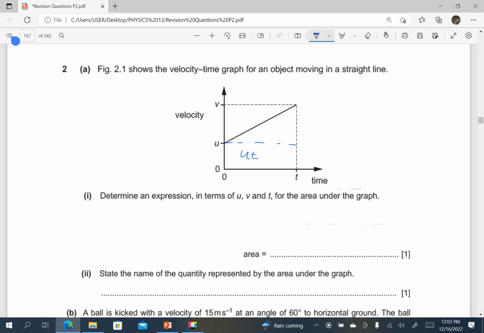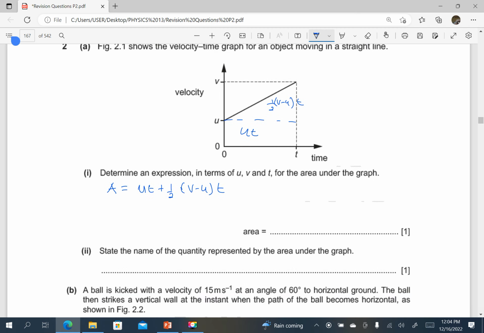This part here is a triangle, so this is a half into this distance, which is v minus u, then times t. So area is equal to ut plus a half into v minus u times t. So that is the area. If you want, you can simplify this further.